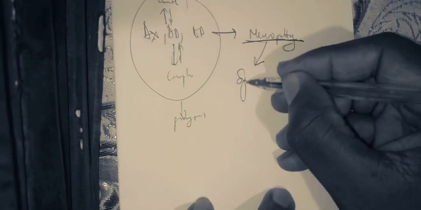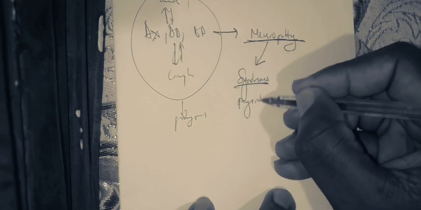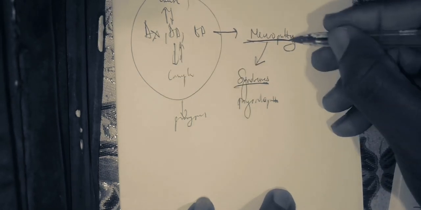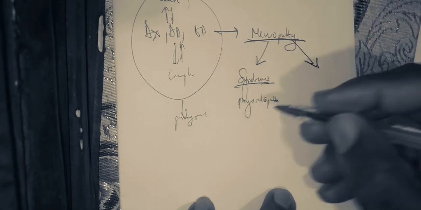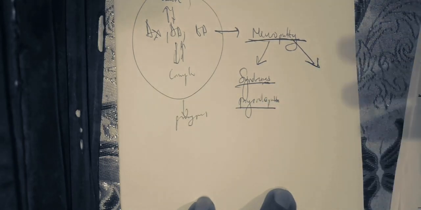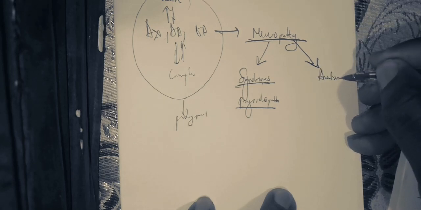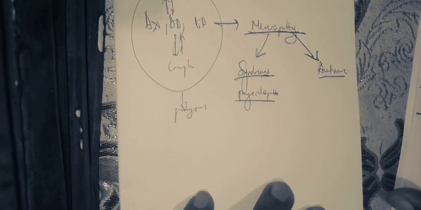It can be divided into syndromes, which is more physiologic, and it can also be divided into anatomic abnormalities. Is it clear? On the clinical presentation of neuropathies.